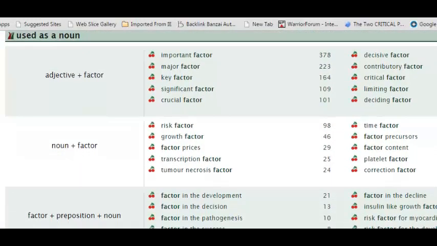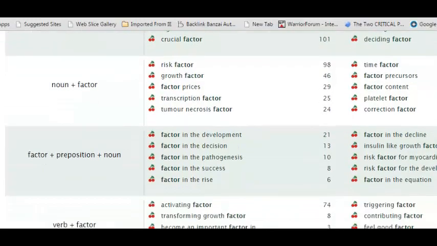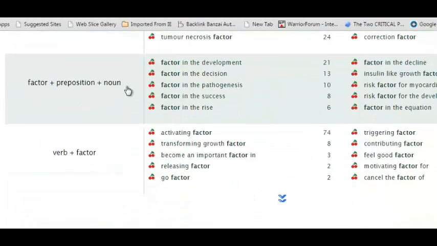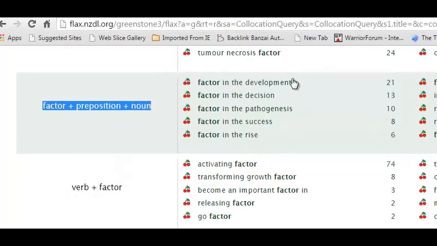You could perhaps use the academic English corpus when you're at university. Again, if we look down at the factor plus preposition plus noun, again the most common collocation is "factor in the development of".